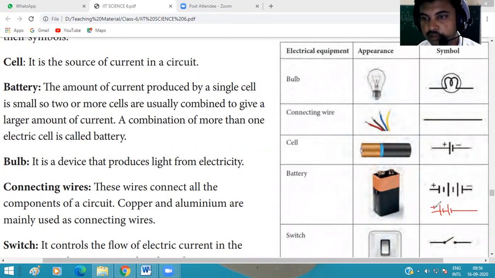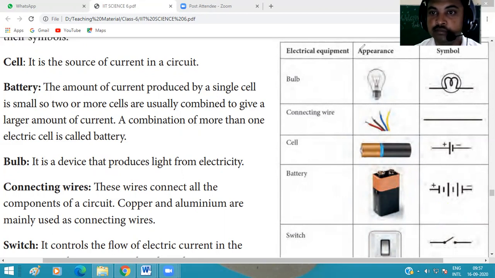So if I ask you, I draw a symbol of a battery, in this battery how many cells are connected? Only two, one and two. And in this battery, one, two, and three. And remember that always the negative terminal of a cell is connected with the positive terminal of another cell.